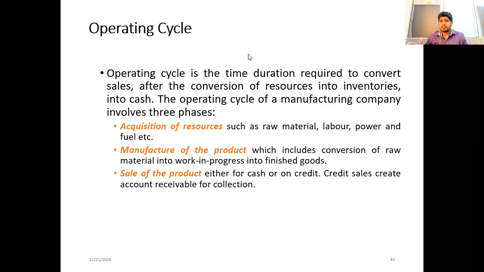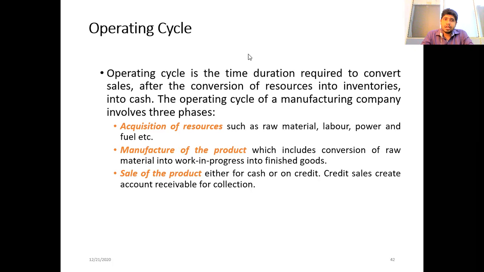Once we receive the money, we have to settle with our creditors if we purchased raw material on credit basis. So it's called operating cycle, right? That's what it says: operating cycle is the time duration required to convert inventory into cash.